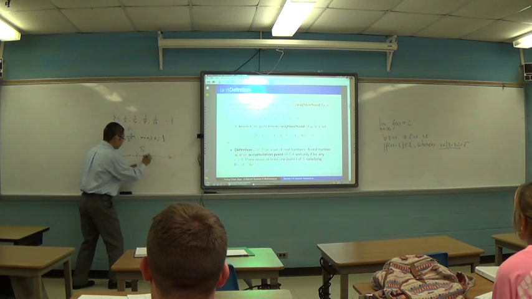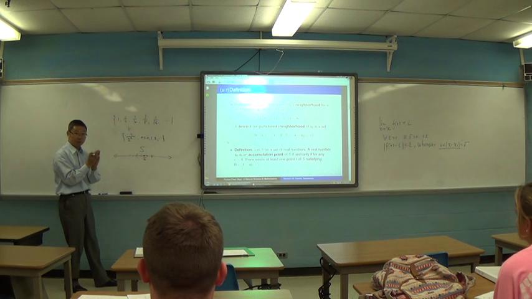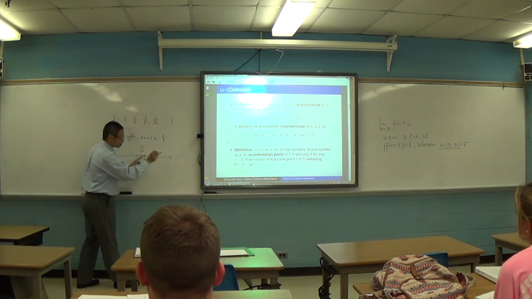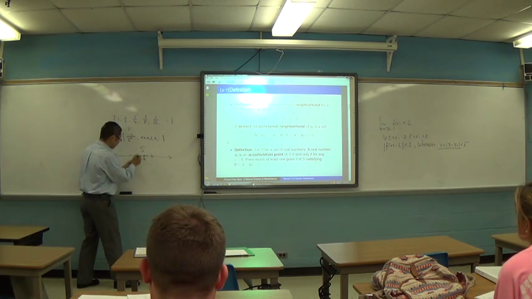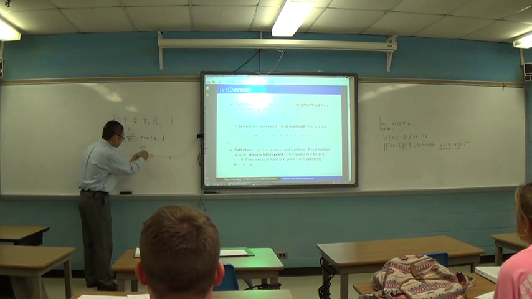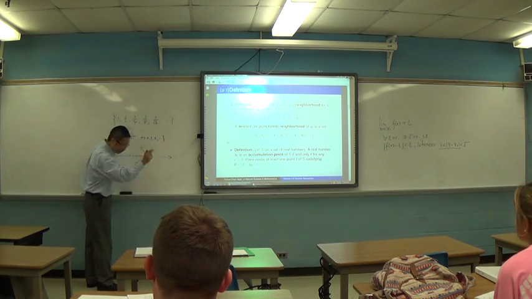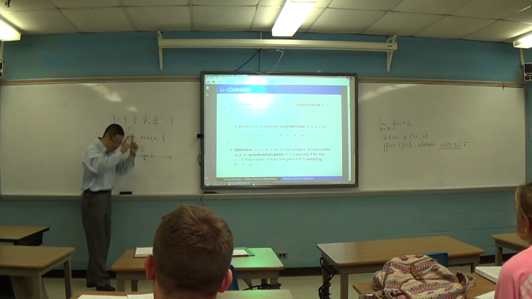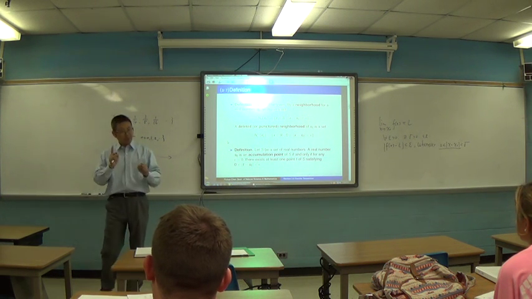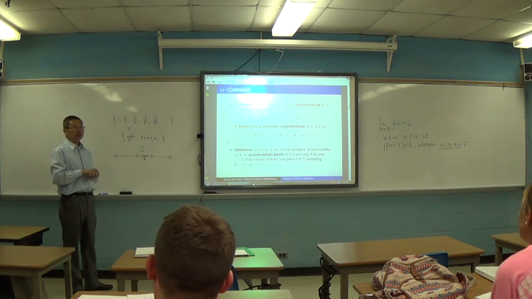No matter how small the neighborhood is, there are always some numbers of this X in this small neighborhood. If for any arbitrarily small neighborhood there's always at least one number of S located in it, that means S0 is an accumulation point.